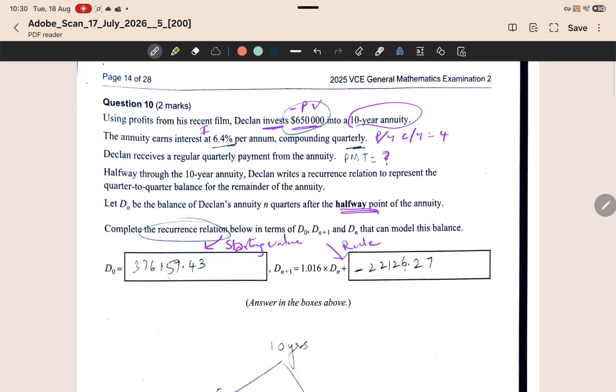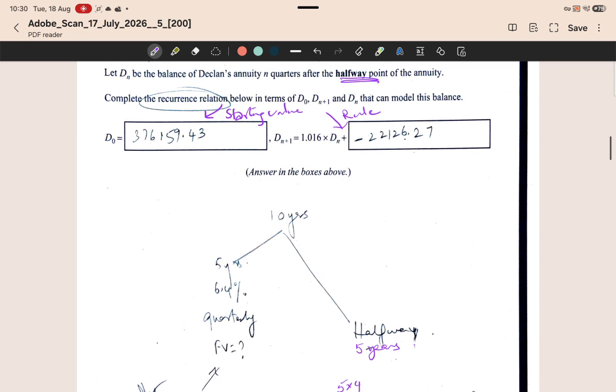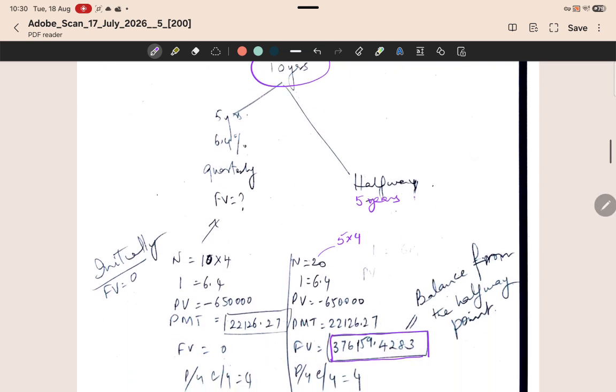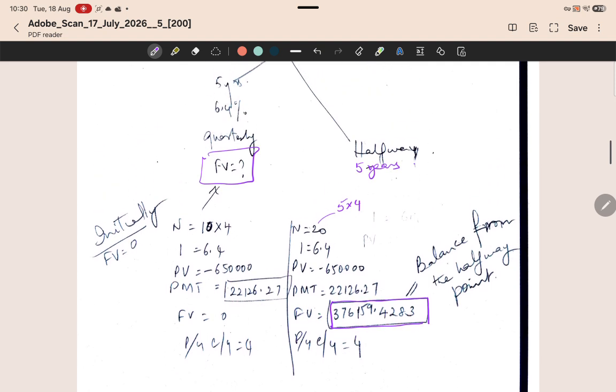Now, in order to know what the balance is after the halfway point for the remainder of the annuity, we have to calculate what the future value is after 5 years, because it's 10 years in total. So in the first 5 years, the interest is 6.4%. It's quarterly. Now we've got to find the future value. So using the financial solver, because it's quarterly, firstly, what we are not familiar with is what the regular payments are.